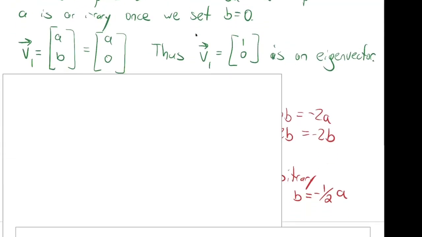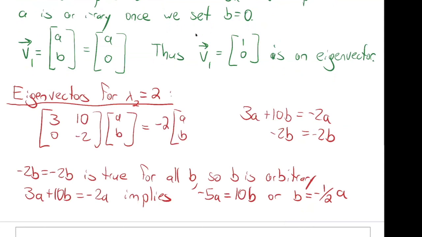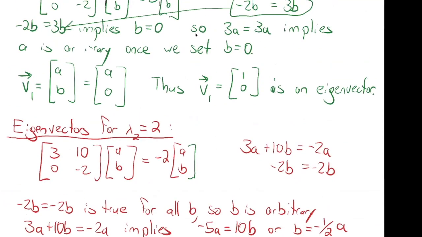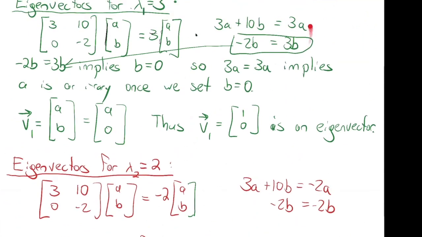Okay, if not, then we would do something similar for the case of minus 2. We now plug in minus 2 over here, and we get slightly different equations. We get basically the same equations we had up top, except we just changed the scalar to minus 2 over here.